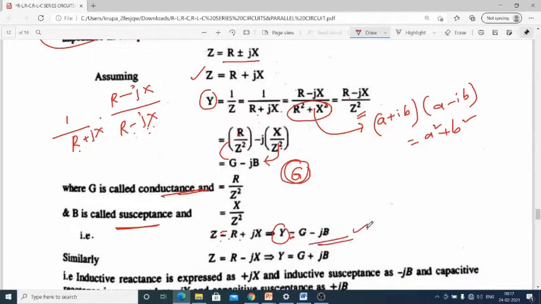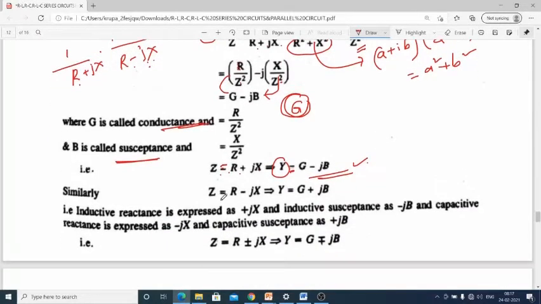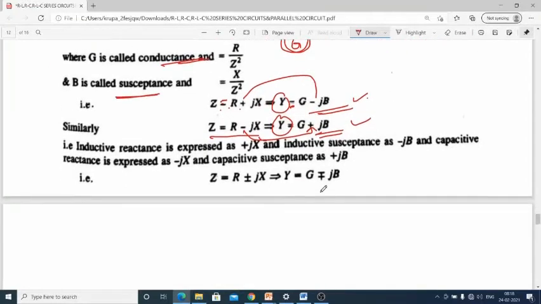Similarly, if impedance is given as R minus jX, the admittance is G plus jB. Okay, the polarity is changing.